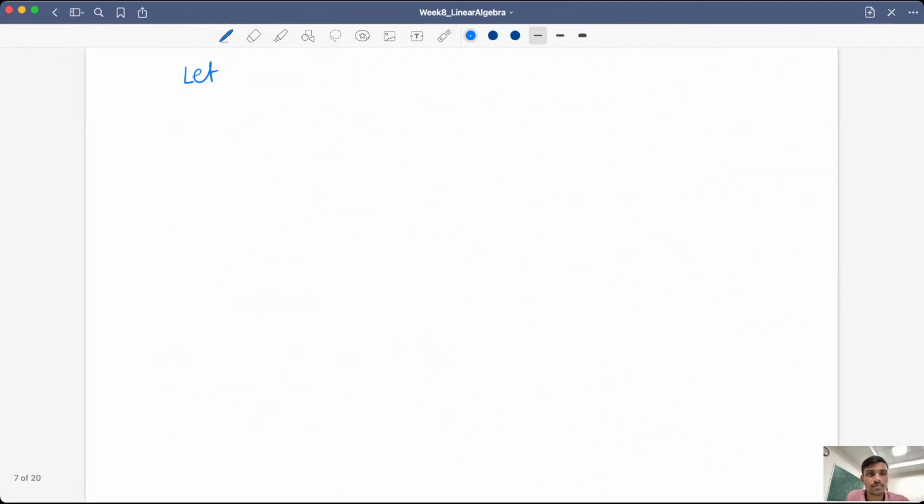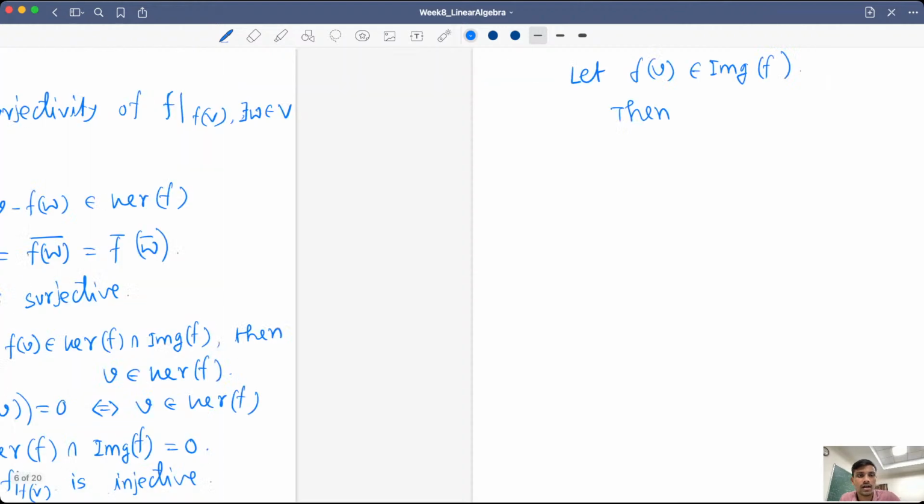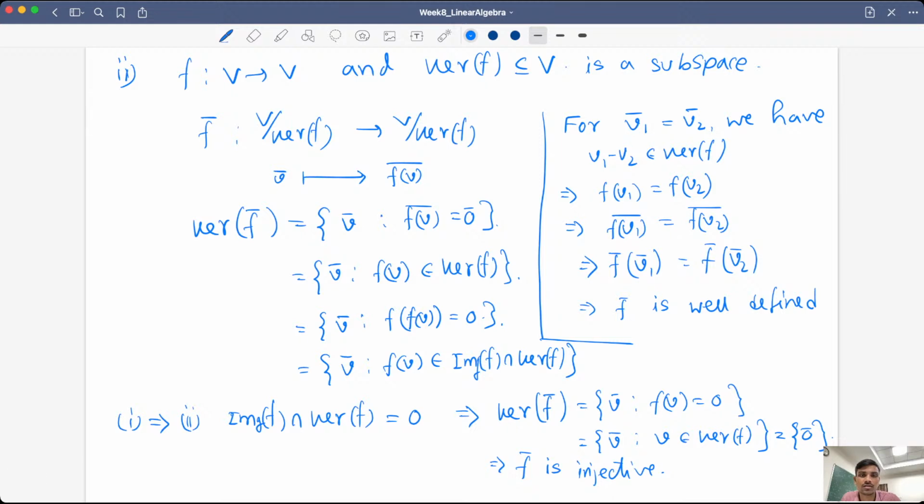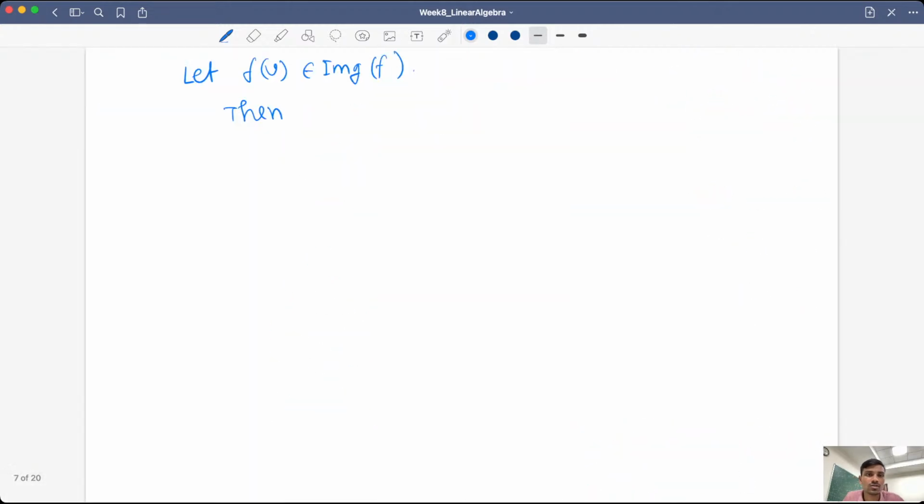Okay, so let f(v) belong to the image of f, and I know that this map is surjective. This map is surjective means if I take any element of V mod kernel f, that has a preimage. Now in our case, I can consider just the class of f(v), then consider this map. This belongs to V mod kernel of f.